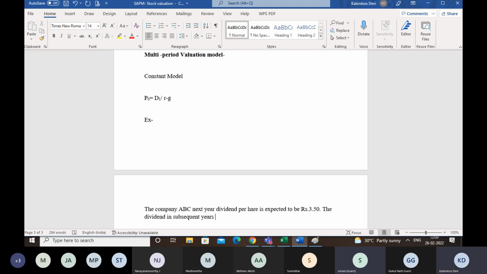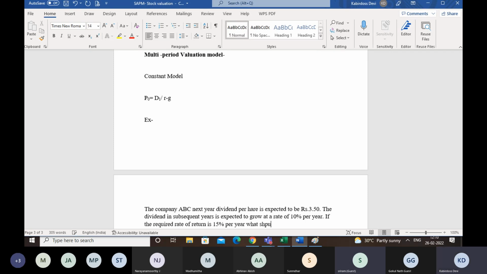The dividend in subsequent years is expected to grow at a rate of 10% per year. The required rate of return is 15% per year.